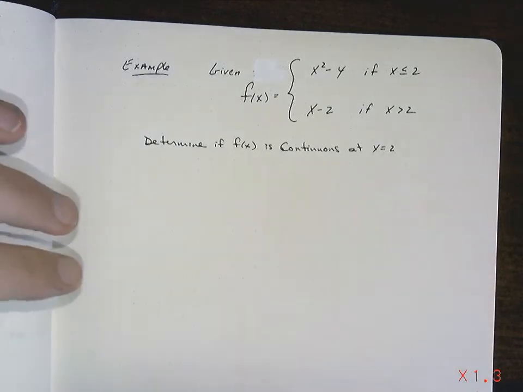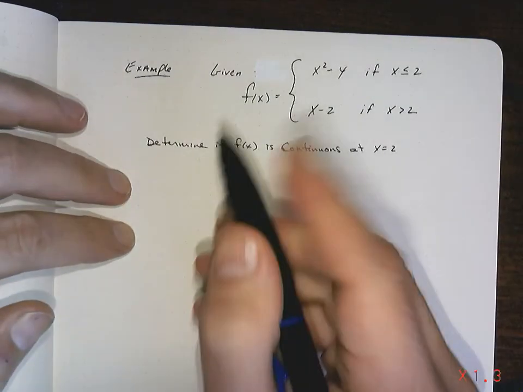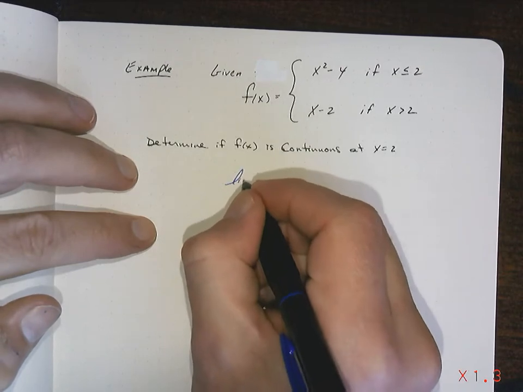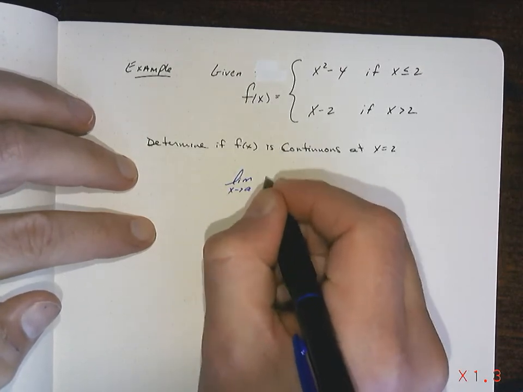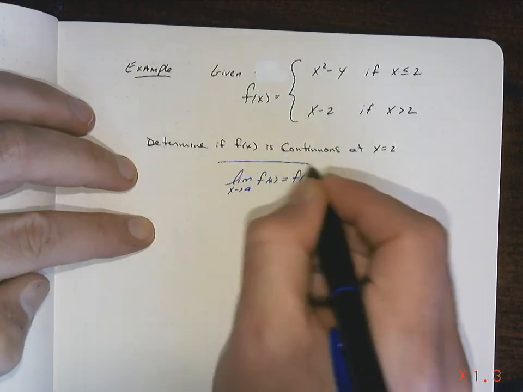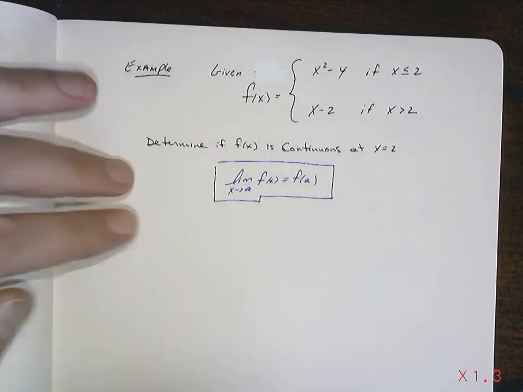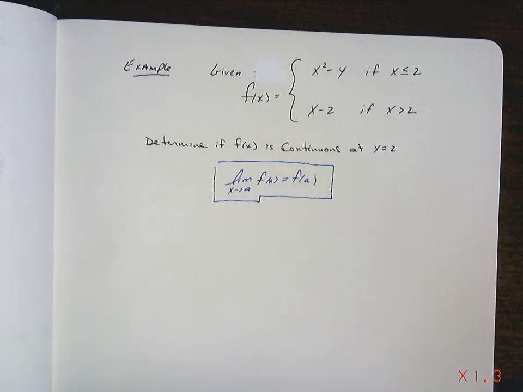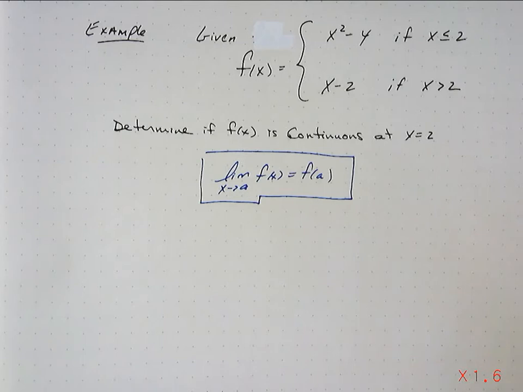Okay, well, the first thing I would do is I would remind myself of the conditions of continuity. And hopefully now, that little equation means a lot more to you. You got a whole bunch of things that should be shooting off in your head when you see that equation.